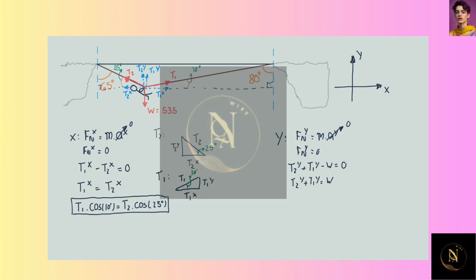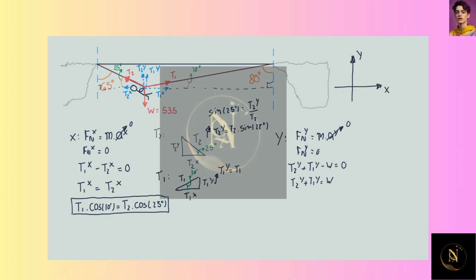Then, for the y components, we can do an analogous calculation in the triangles, but using the sines in these two triangles. For instance, in this triangle, the sine of 25 degrees is given by the opposite side, so T2y divided by the hypotenuse T2. Then T2y is equal to T2 times the sine of 25 degrees. By the same reason, we have the following relation here.